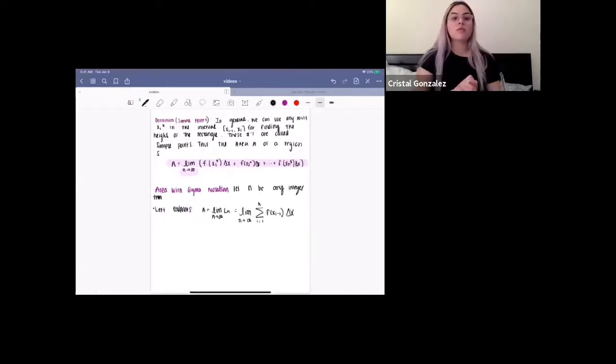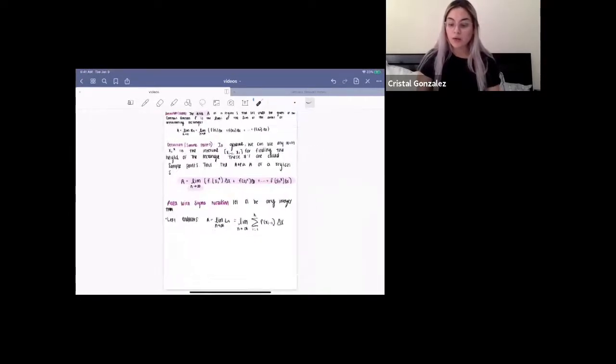So this is just for the area going off to infinity, which makes sense. Here we're starting off with 0. So if we go back up here, we're adding them all up.